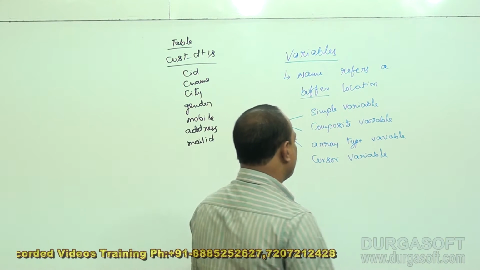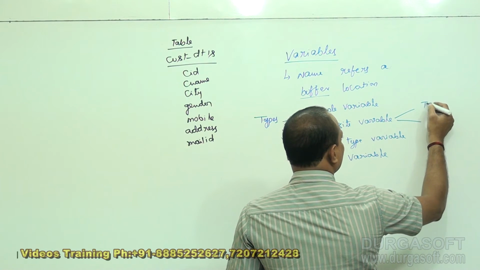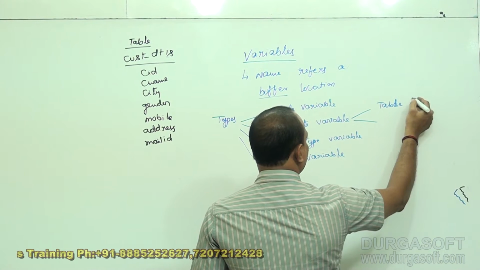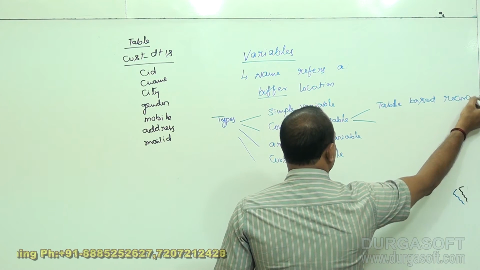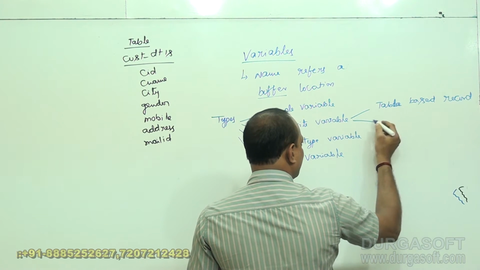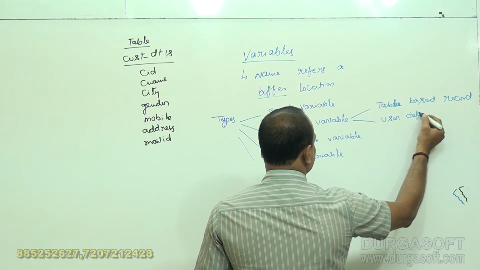Composite variable has two types: table based record variable and user defined record variable. I will explain each and every one.